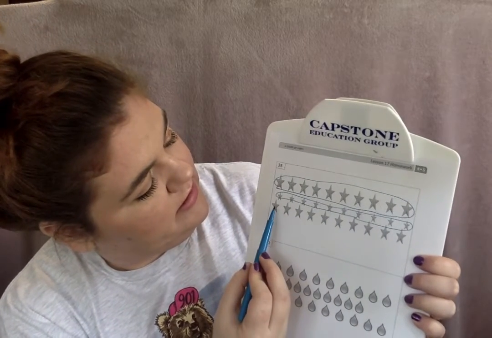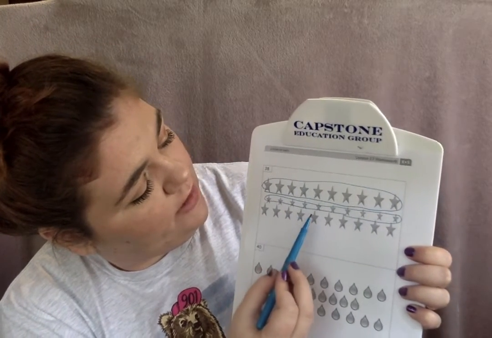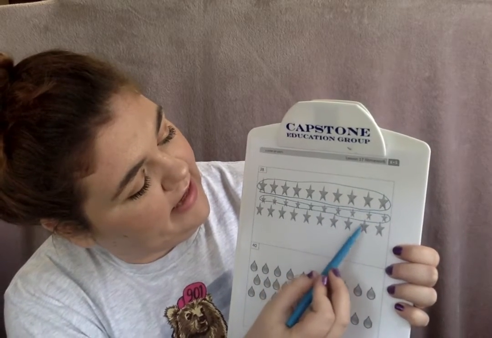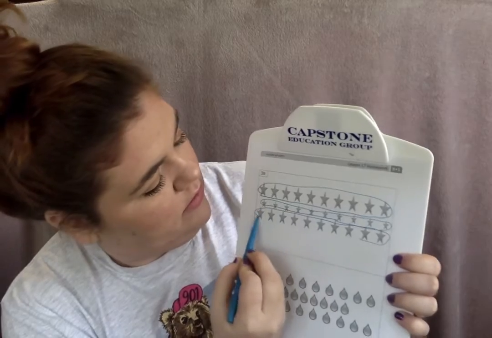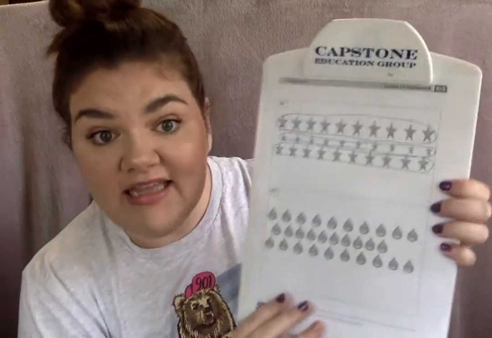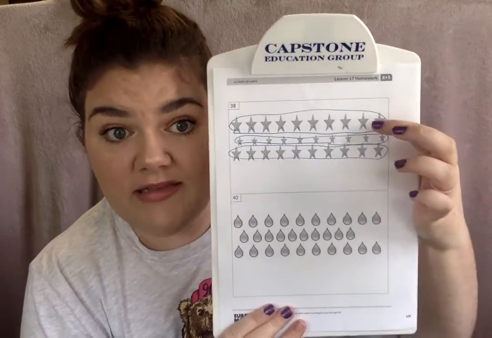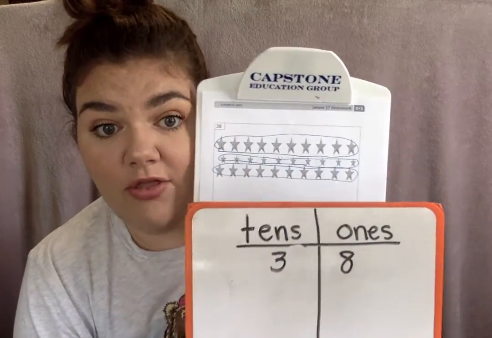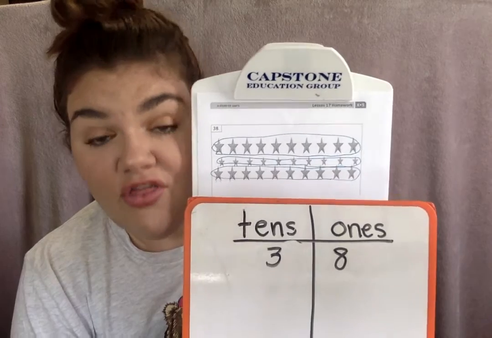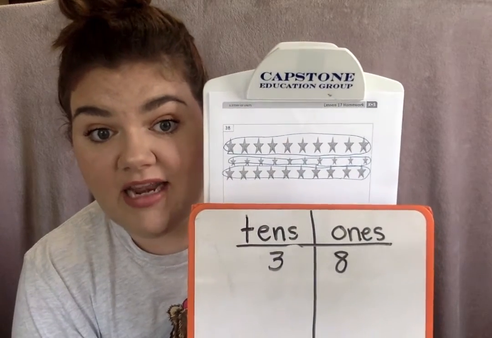Okay, let's circle these ones. 1, 2, 3, 4, 5, 6, 7, 8, 9, 10. Awesome. Okay. So what I'm seeing is that I have how many tens? 1, 2, 3. And how many tens are in 38? 3. So I have the 3 tens that I need.